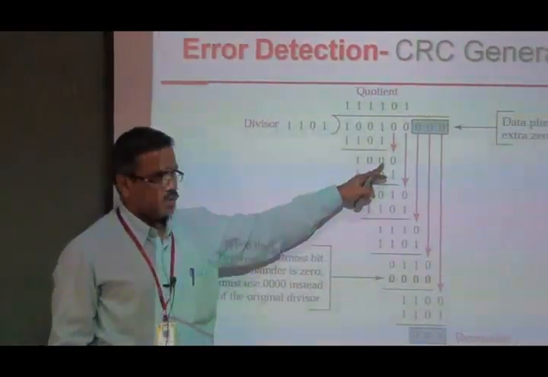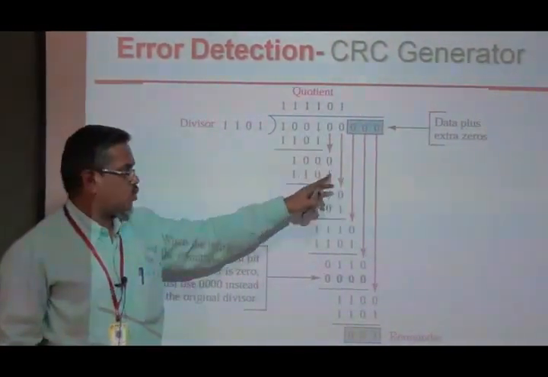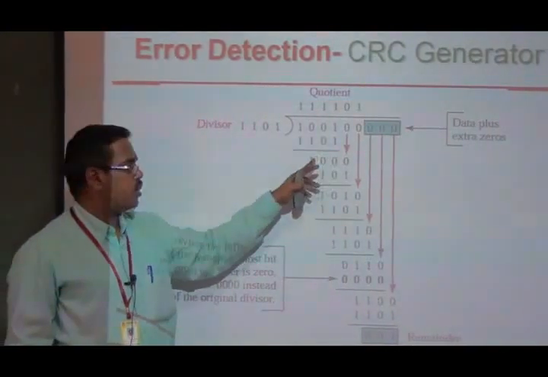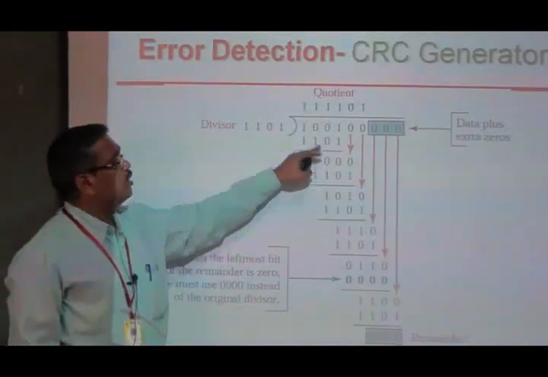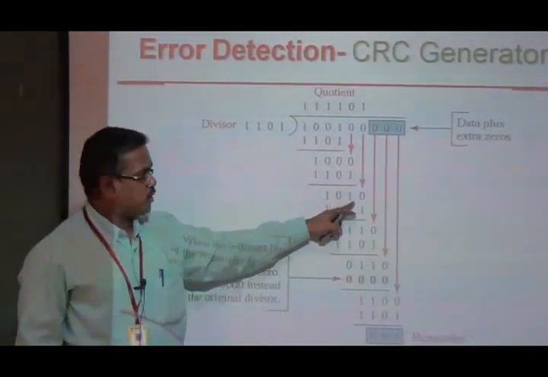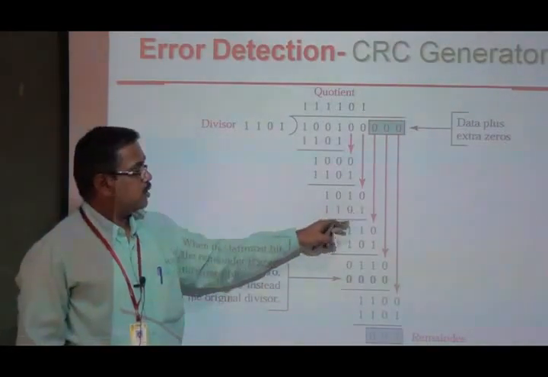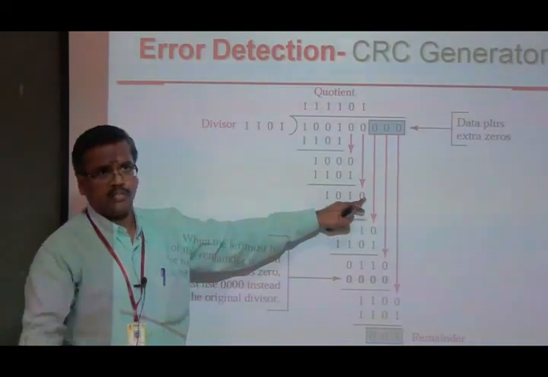So 1 0 0, then you bring down 1 0 from the message into your process. Now you get 4 digits, 1 0 0 0. Then again 1 into 1101, and you get the result 1010. This 0 you can bring downwards for the further process.